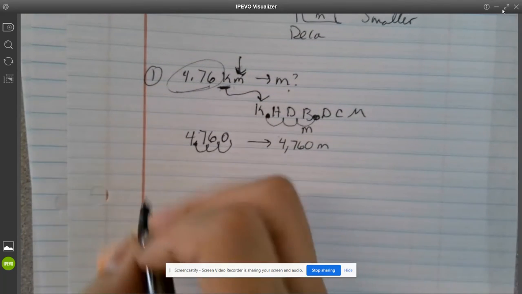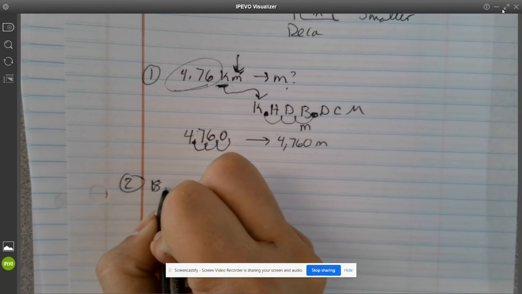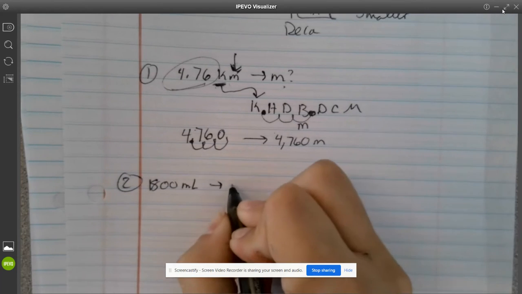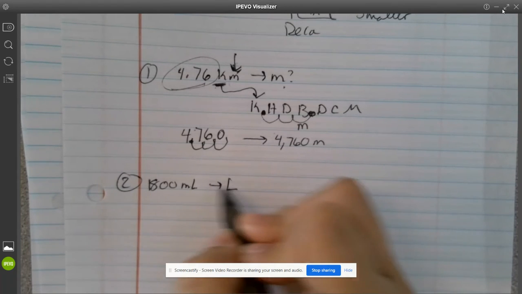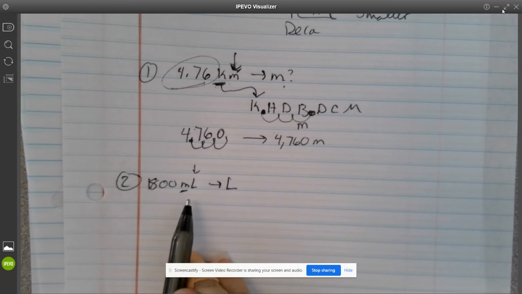Going on to our second example. If we have 1,800 milliliters and we're needing to go to liters, again, we're looking right here. This is our base.